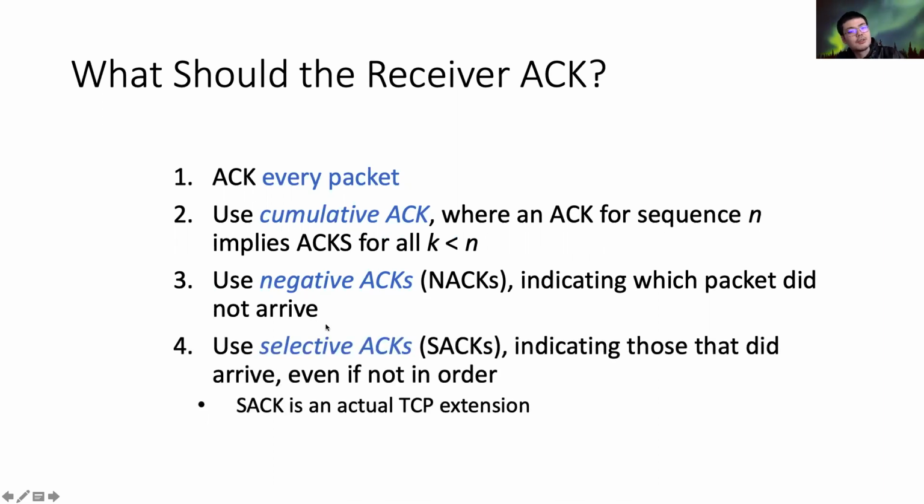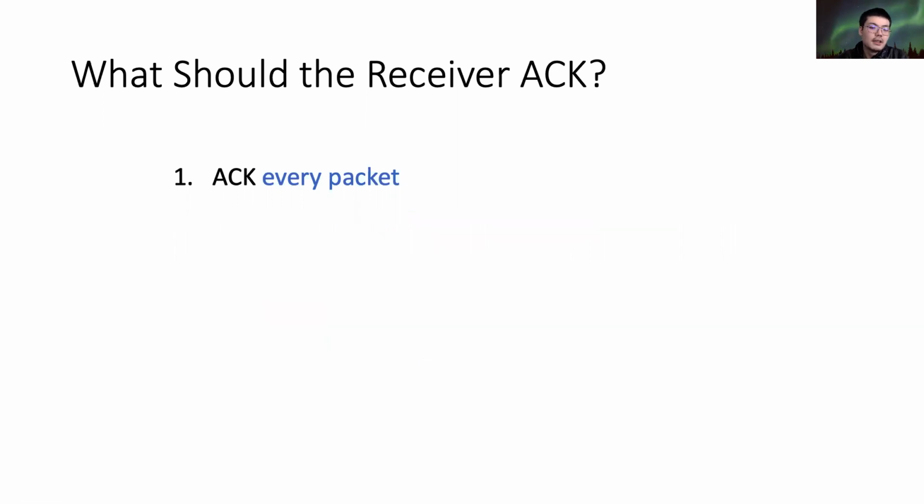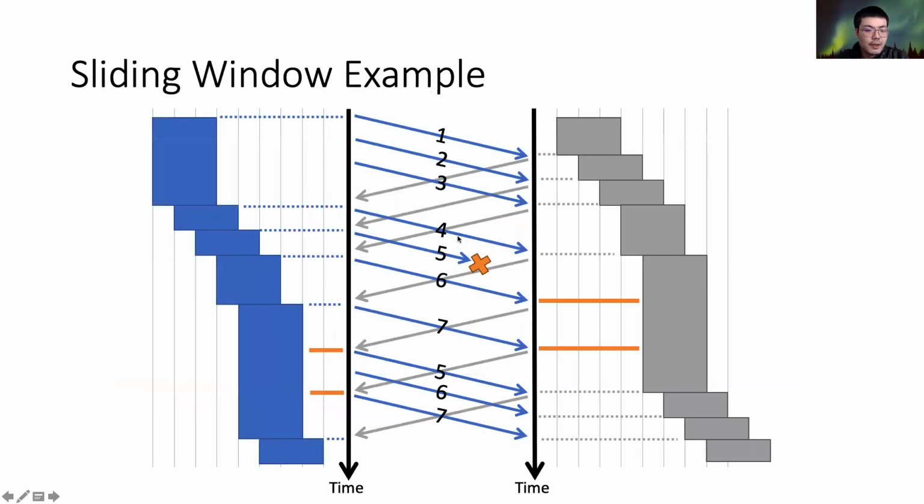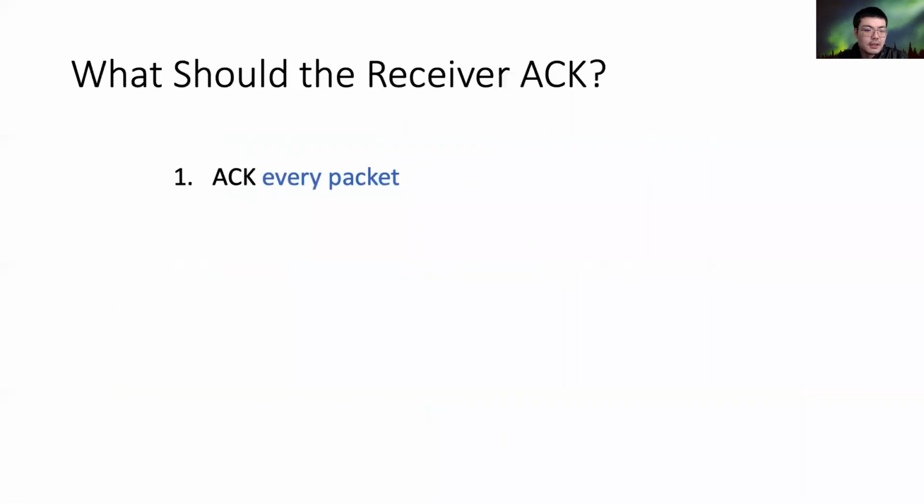And you can also use a so-called selective acknowledgement, indicating, hey, 5 is not received, but I received 6 and 7. This is actually an extension of TCP, because if you acknowledge that 6 and 7 are properly received, you can skip retransmitting 6 and 7, because they're already in the receiver buffer. It's out-of-order receiving: you can first hold the later packets and then wait for the early one.